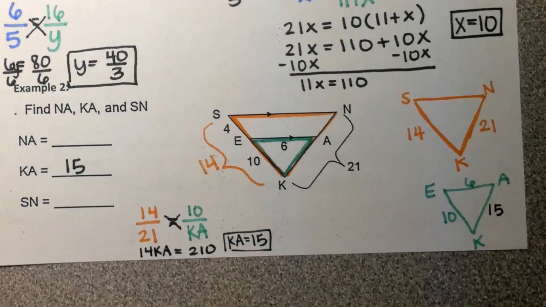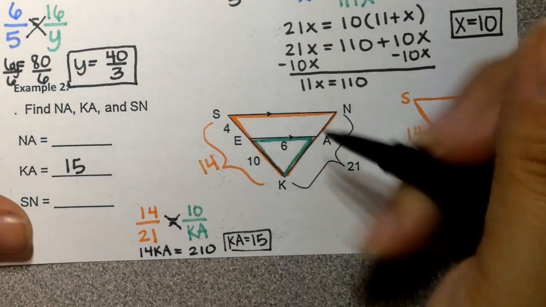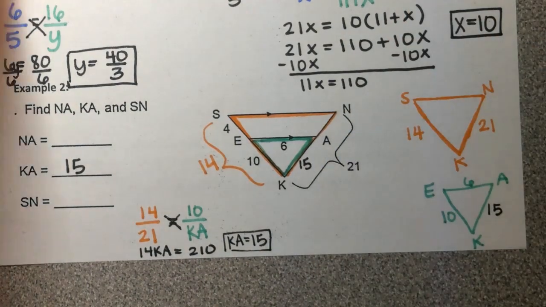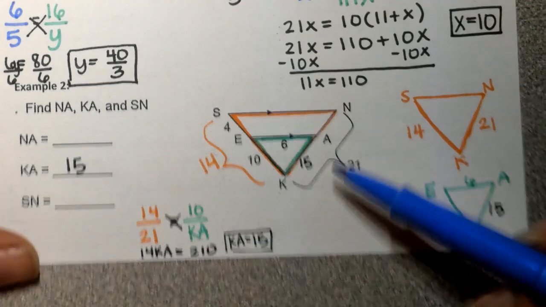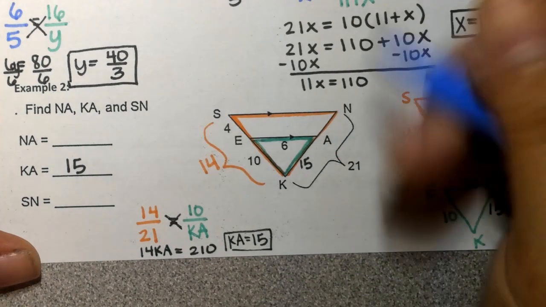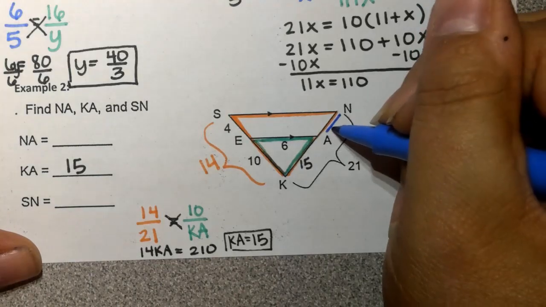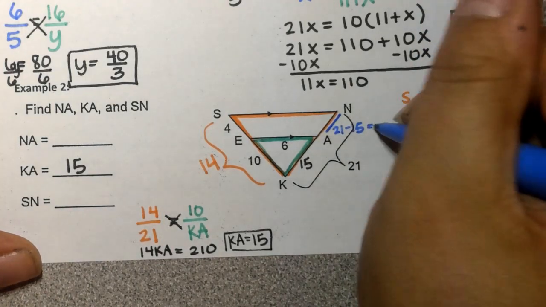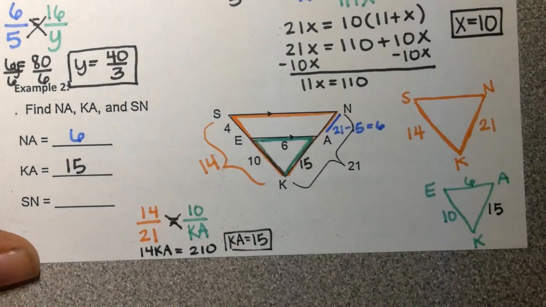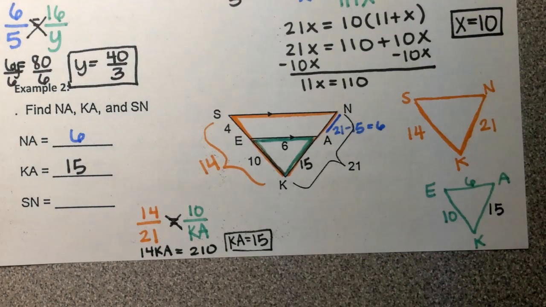Oh, look. I found KA. KA is 15. What do I know? I know the whole thing is 21, so can I find this NA right here? 21 minus 15 is 6. NA is 6. I know the whole thing is 21. I know that KA is 15. So we found NA.